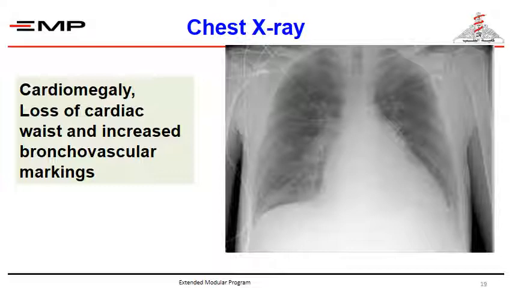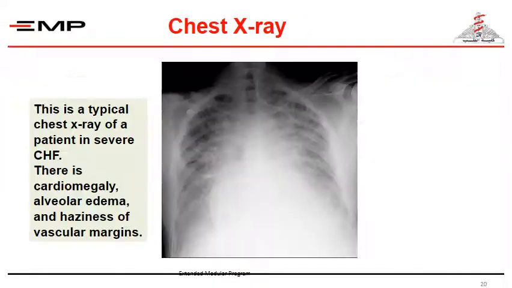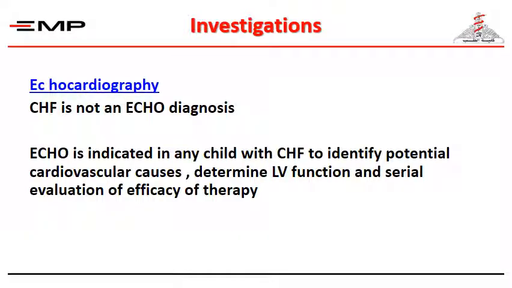The pulmonary artery is increased, and there are increased bronchovascular markings. This is another typical X-ray of a patient with severe congestive heart failure. There is cardiomegaly, alveolar edema, and haziness of the vascular margins.